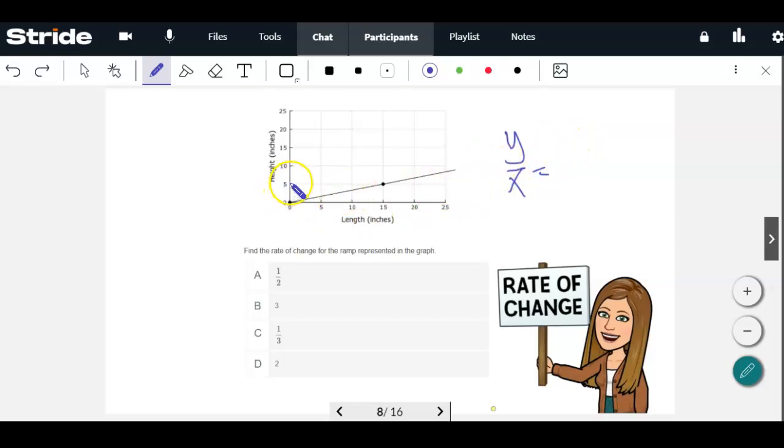The y value is 5, so we're going to put 5, and then the x value is 15. So that's 1/3. Be careful, don't flip those, because you'd get the wrong answer. That is C, y over x. It's always that y value over the x value, rate of change.